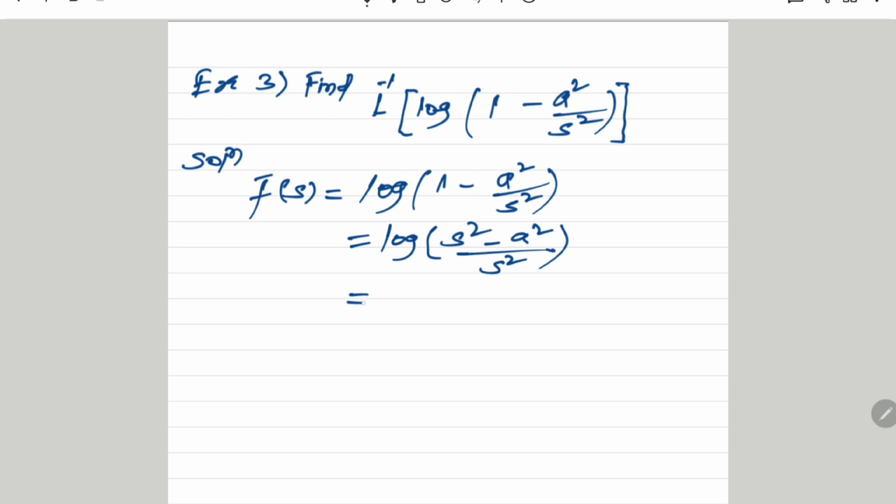Applying laws of logarithm, log a by b is log a minus log b, so log of s square minus a square minus log of s square.